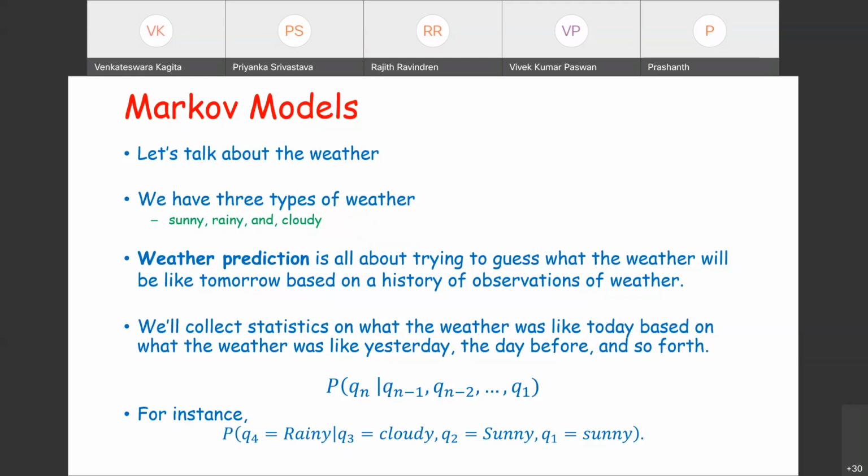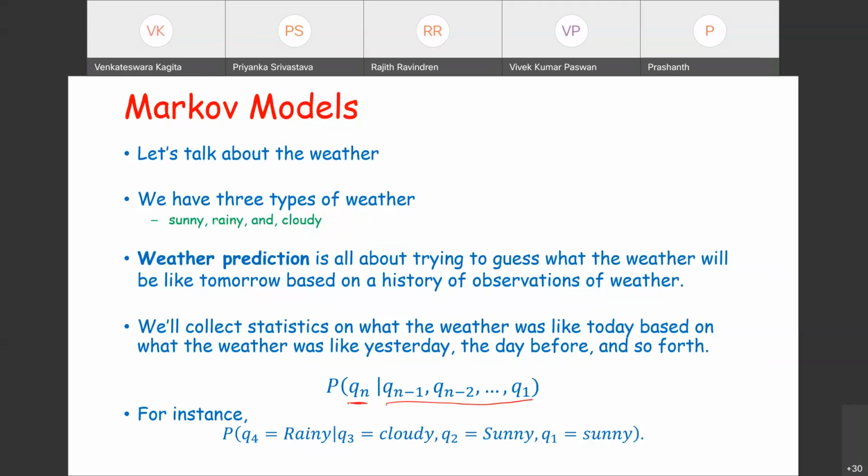So what are we doing? We're trying to guess the weather on the nth day given observations about n-1 days. Here Qn is the state on the nth day, whether it is rainy, cloudy, or sunny. This information is given for n-1 days.